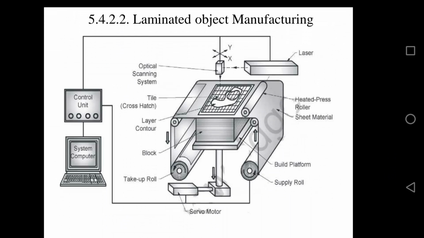So next one is laminated object manufacturing. Okay, so it is a solid based rapid prototyping system. The difference is that in this process, a thin sheet or laminate coated with adhesives on one side is used as the material, whereas in fused deposition modeling we used the material in the form of filaments.